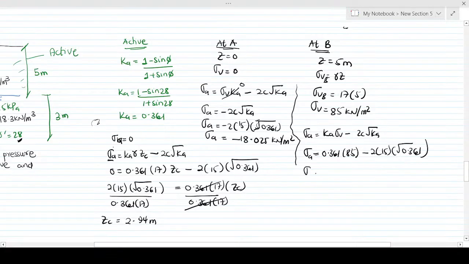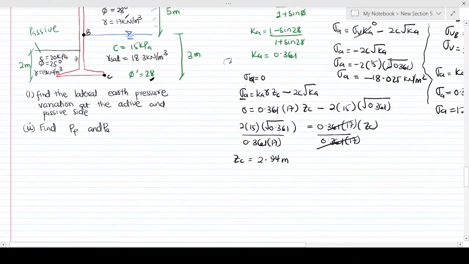So my lateral earth pressure at that point is equal to 4.60 kilonewton per meter square.